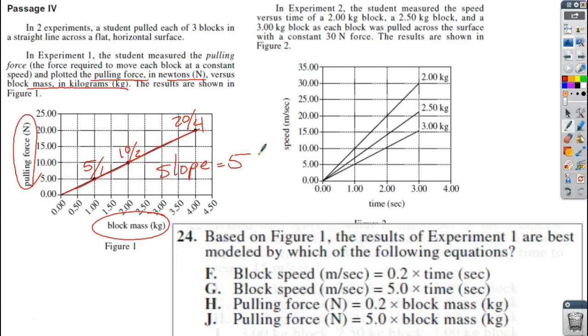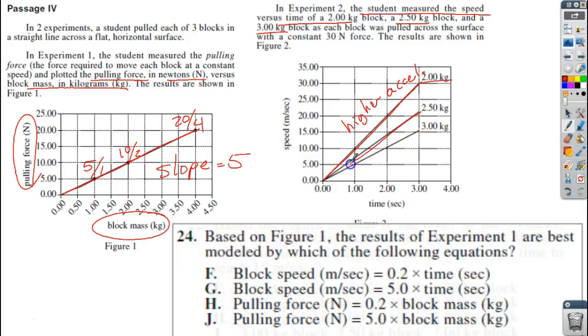Over here, we're looking at experiment 2. The student measured the speed versus time of the 2 kilogram block, a 2.5 kilogram block, and a 3 kilogram block. And so they've already labeled this 2, and the speed versus time. This speed is increasing at a faster rate, so this one is higher acceleration. You should know that increasing speed is acceleration.